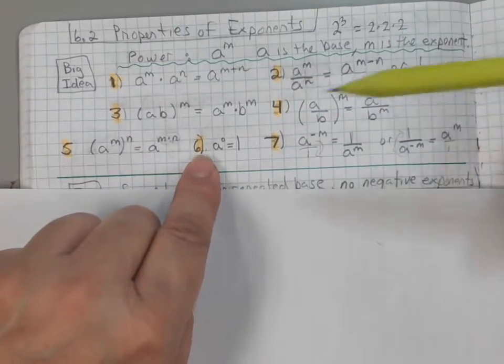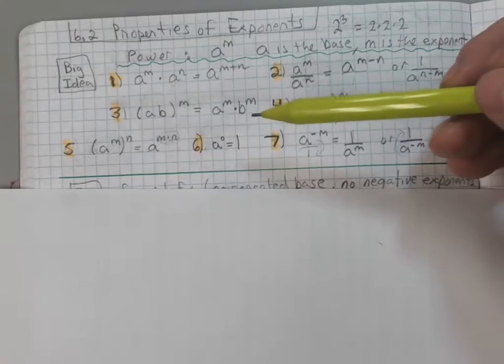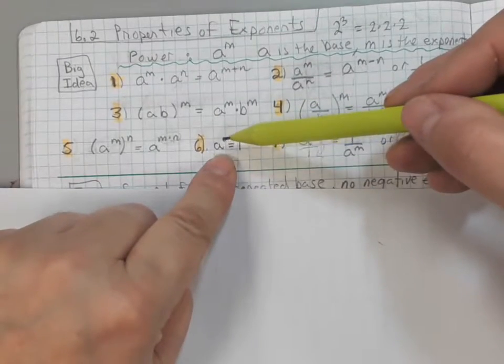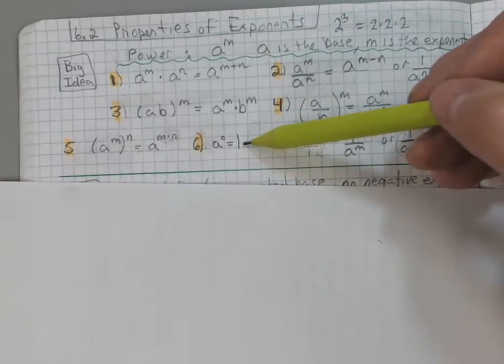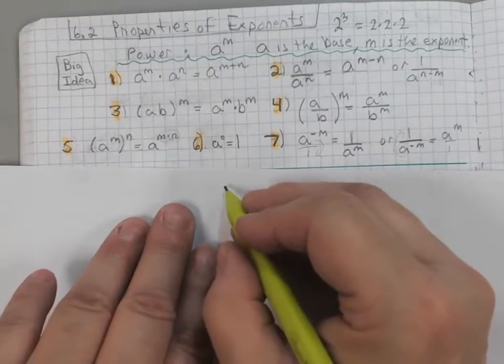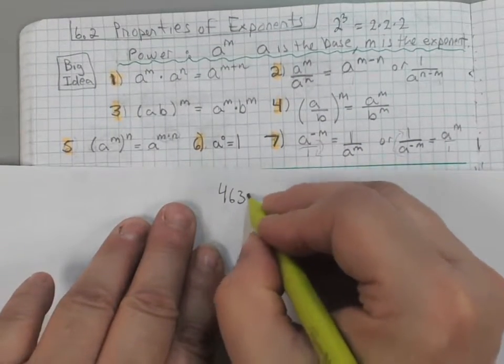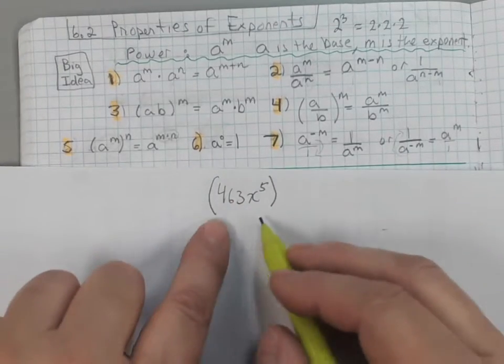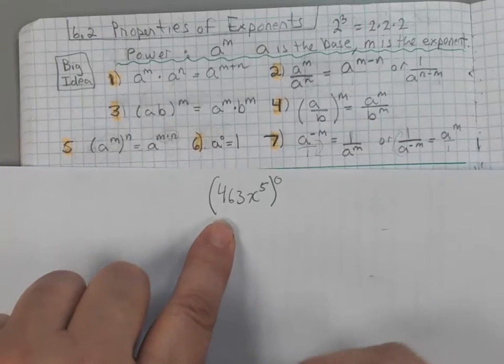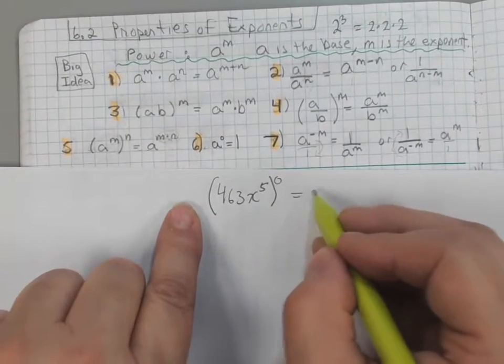Rule 6. What happens if we get a 0 in the exponent? Anytime that happens, this simplifies to just the number 1. It doesn't matter how complex that is. So I could have something like 463x to the 5th power, and then I take that whole thing inside a grouping symbol to the 0 power. Well, all of this just simplifies to 1.